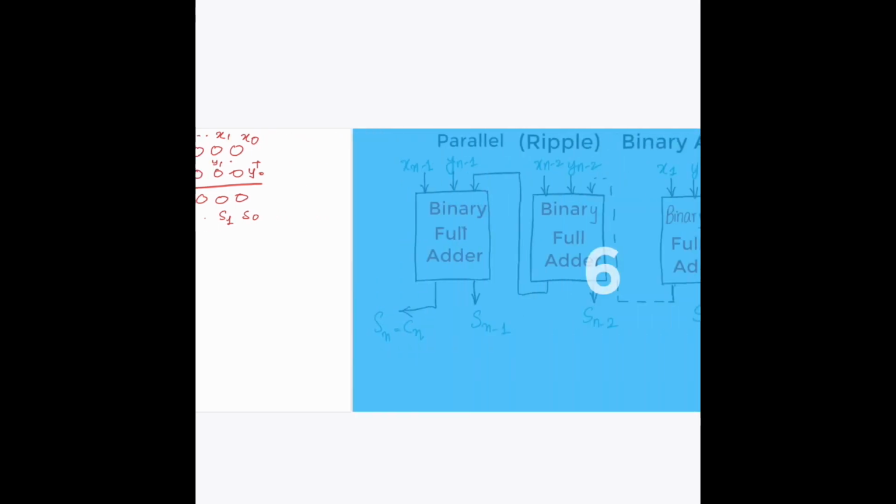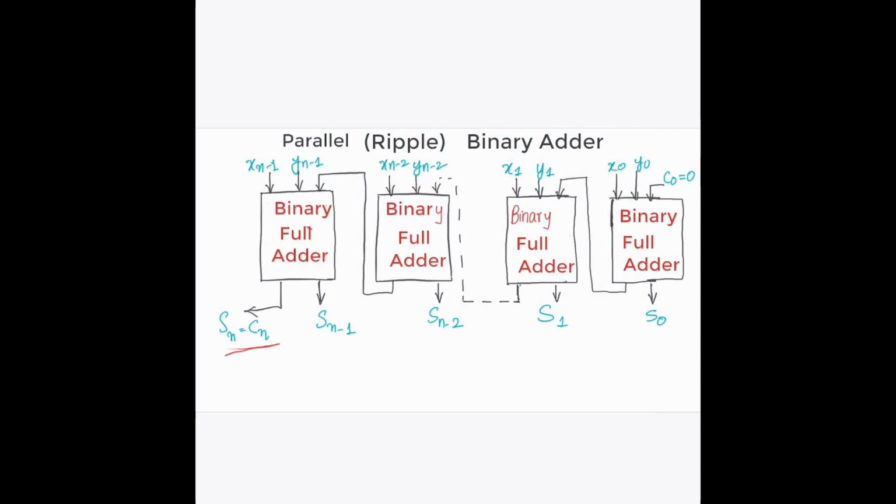So for each bit, one binary full adder should be used. The final output we obtain will be equal to Sn. Here you can see that the carry bit output from the full adder is connected to the next full adder.